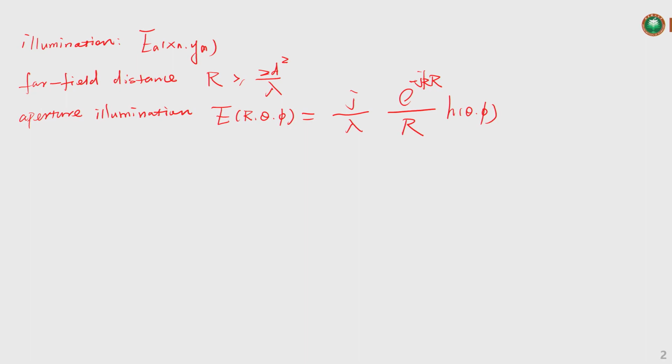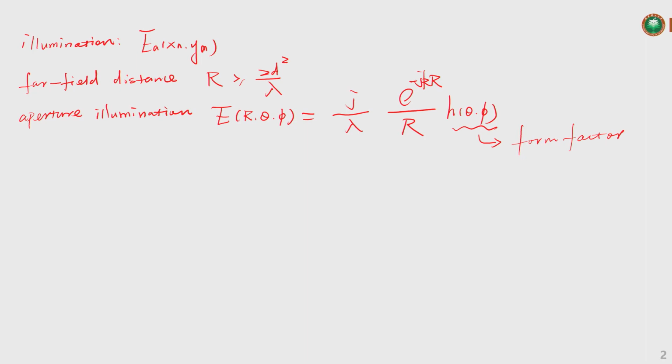Alright? And H theta phi is this parameter that is referred to as the form factor, right? So it already determines the pattern of the illumination.